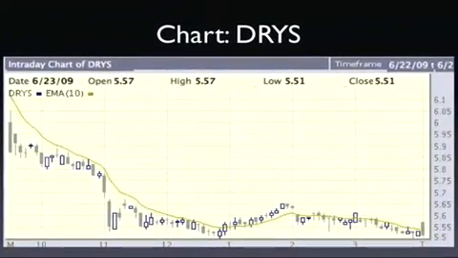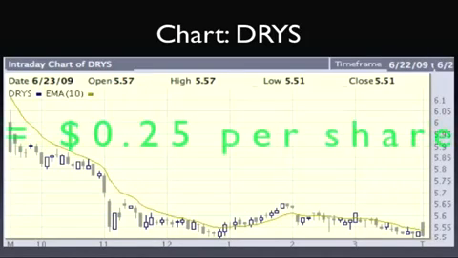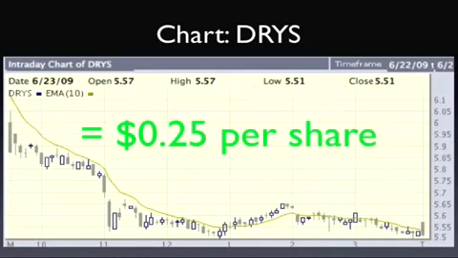Might be a bit before that, but we eventually get a break of the EMA at 555, so that exit gives us a profit of 25 cents a share. So again, trading 100 shares, that would be $25 profit. 1,000 shares, that's $250 profit.